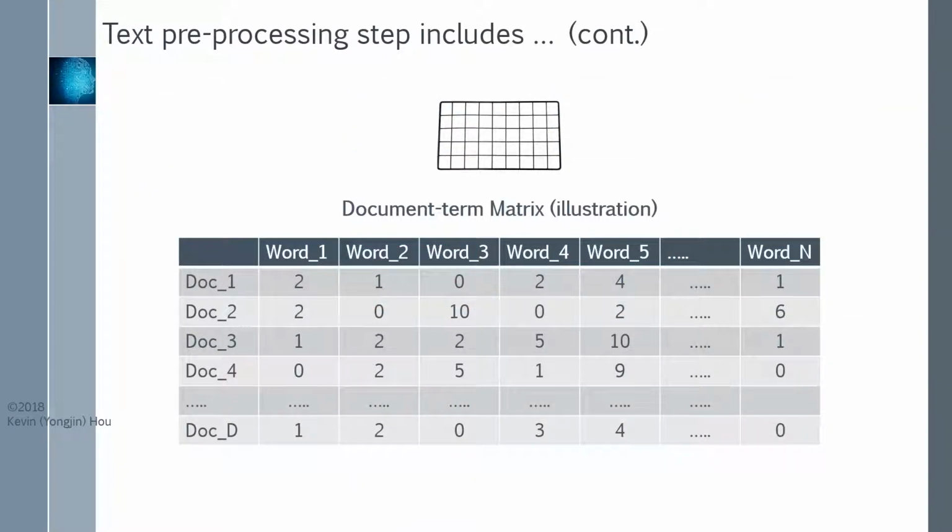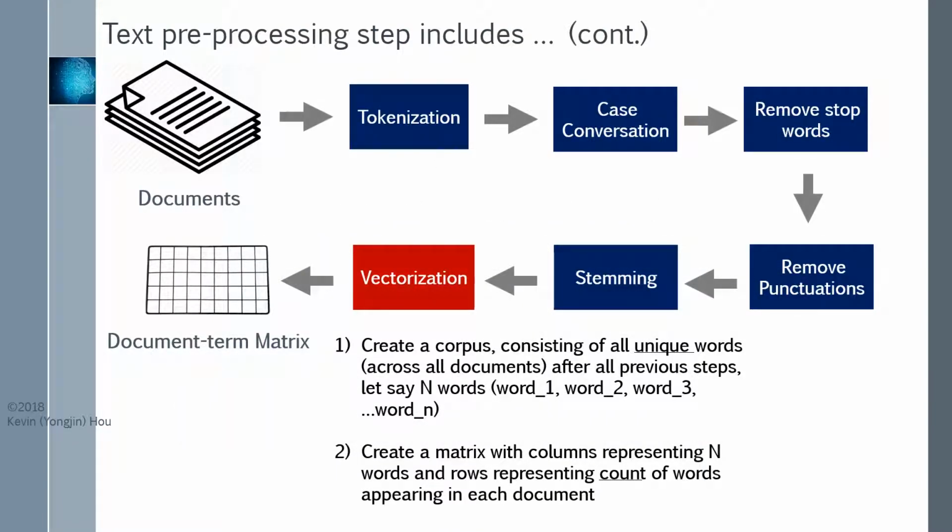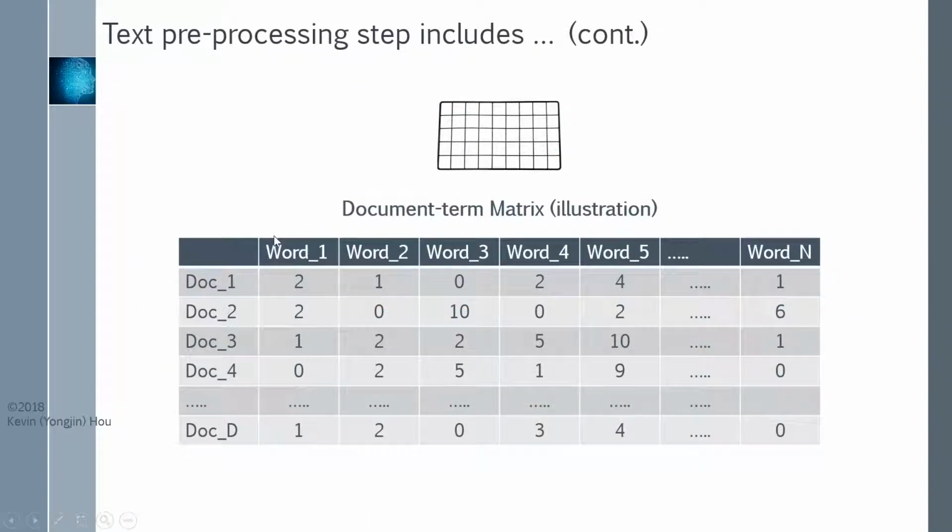Now, here again for illustration, let's see. After we do the tokenization and all the remaining preprocessing steps on the previous page, now we do the vectorization, which gives us a matrix. After doing all this, we identify there are only n unique words, and you can see them as columns one by one.